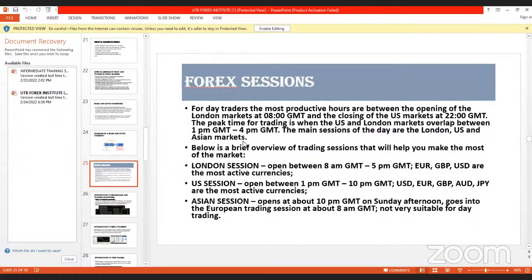As it's closing, the Asian session is opening, the Asian session is closing, the UK session is opening. While the UK session is still on, the US session will join it by 1 p.m. It will close by 10. The next day, just like that. That's how it runs 24 hours until Friday of each week, just like tomorrow, when the market will close and the US session closes the market in the trading week, because the US session will open by 1, then close by 10 p.m. That market has closed for the week.